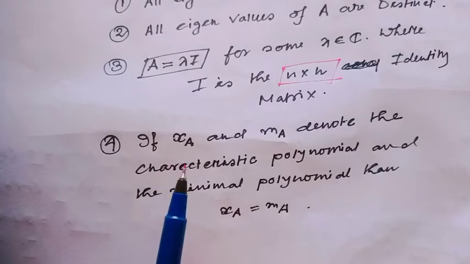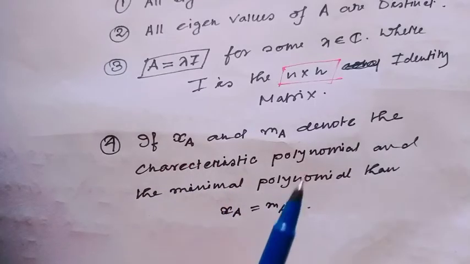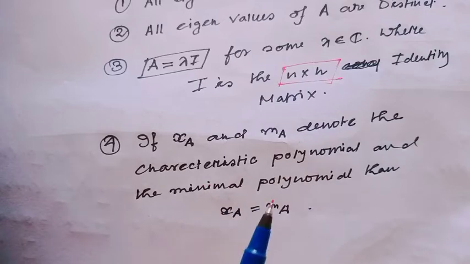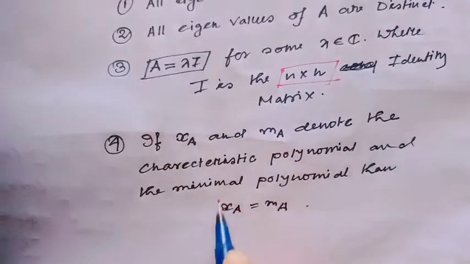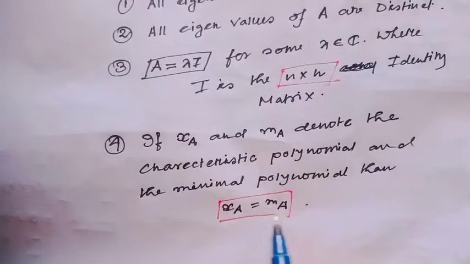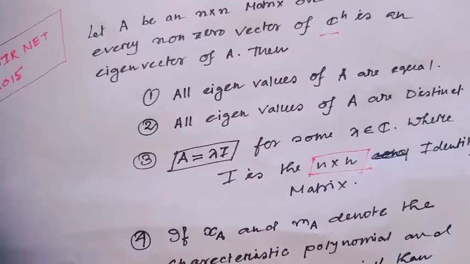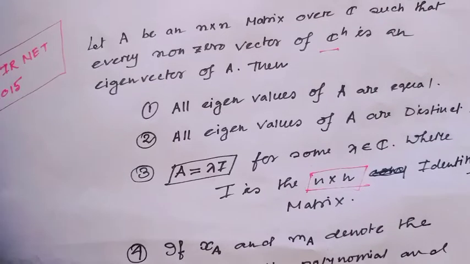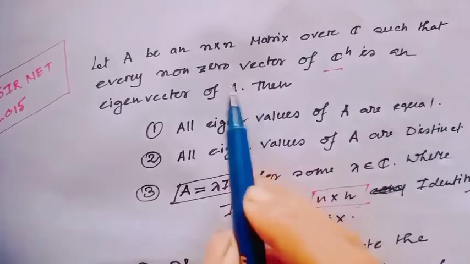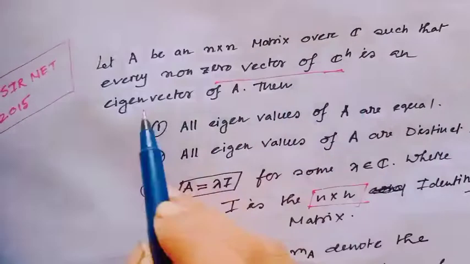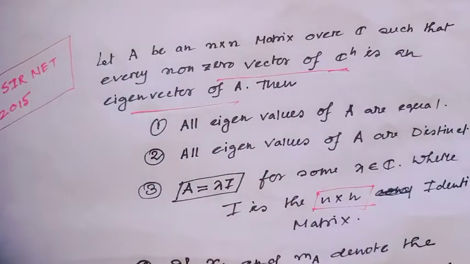Option 4, if chi A and m A denote the characteristic polynomial and minimal polynomial, then the characteristic polynomial is always equal to the minimal polynomial. Okay? Now let's see the options. At first, just think: here every non-zero vector in Cn is an eigenvector.